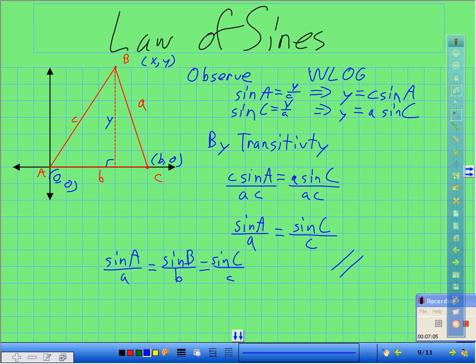One thing. When we talked about proofs of triangle congruence way back in geometry, we said there were 5 general methods: side, side, side; side, angle, side; angle, side, angle; angle, angle, side; and then hypotenuse-leg.